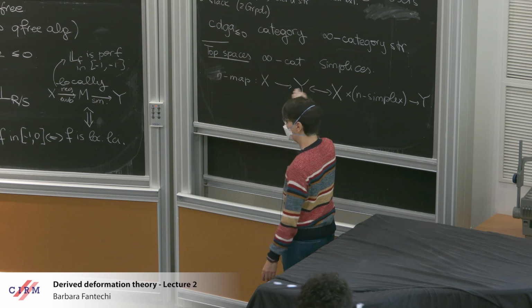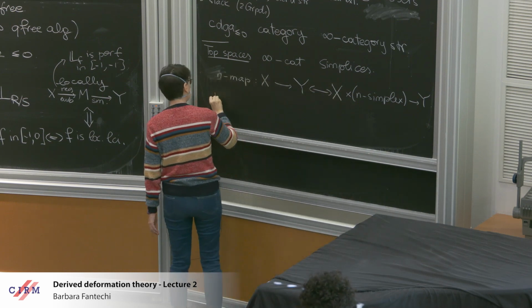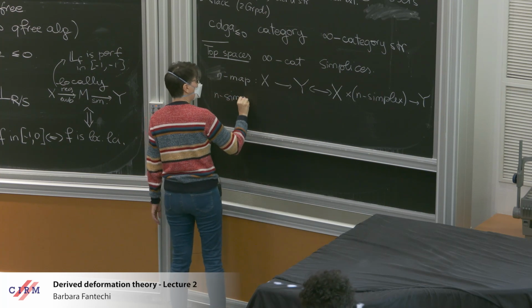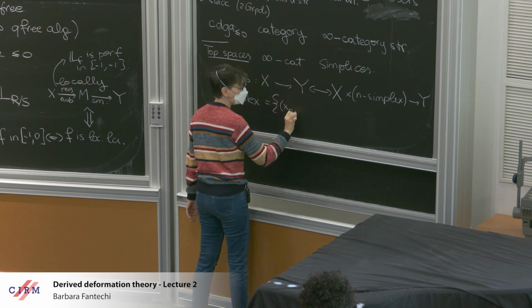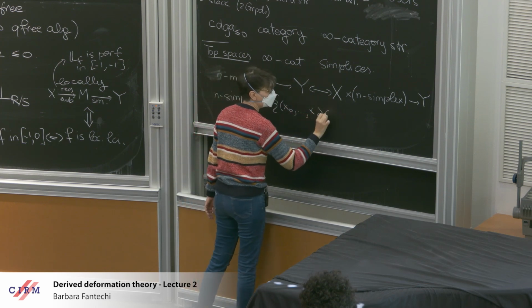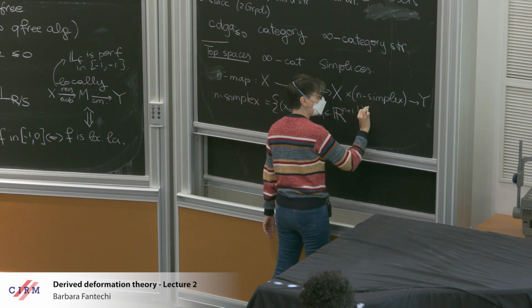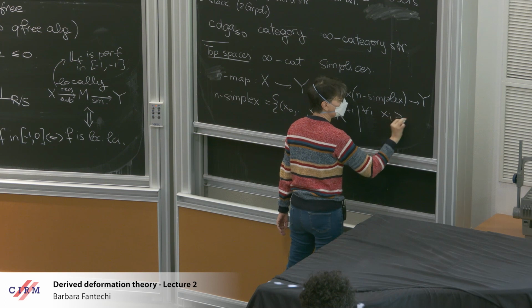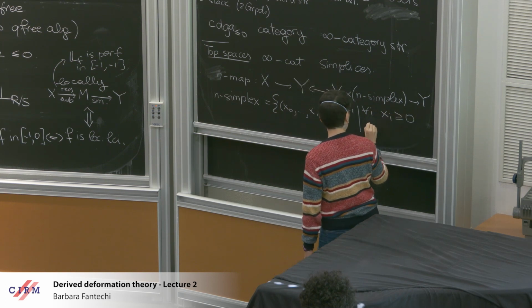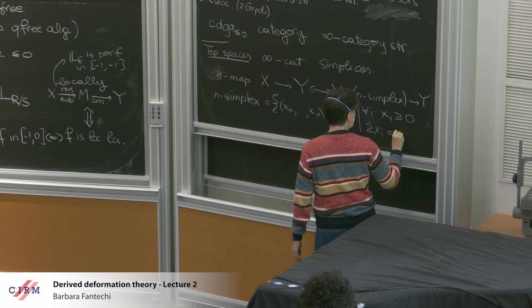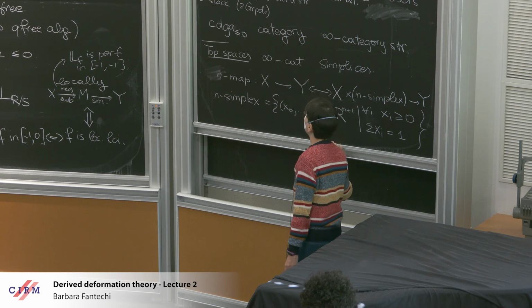And this has a lot of the structure I want. By n-simplex in topological spaces, I mean the set of (x0, ..., xn) in R^(n+1) such that for every i, xi is larger than 0, and the sum is 1. And these have all the natural maps you expect.